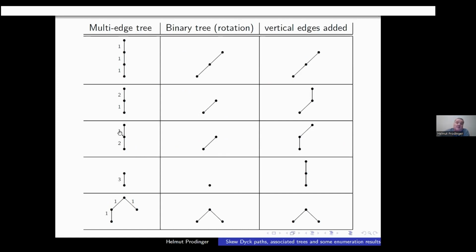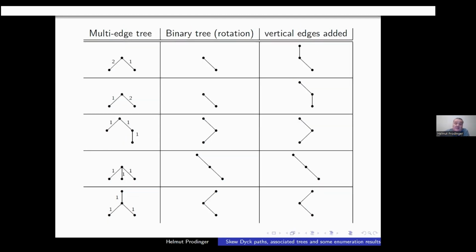And now in the next step, we have to take care of these numbers. If there is a 1, you do nothing special. But if there is more than 1, then one uses these unary edges in an appropriate way. So once again, all these 10 examples are here, and it's kind of fun to discover this yourself.